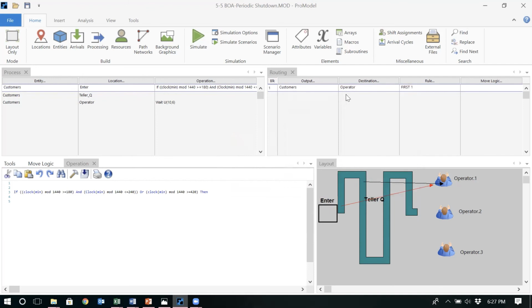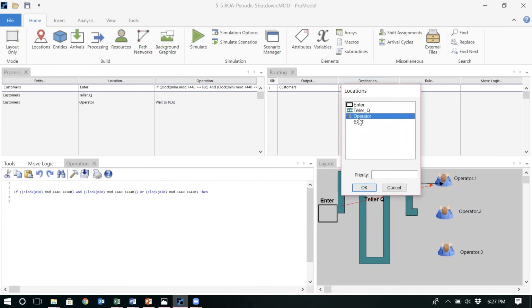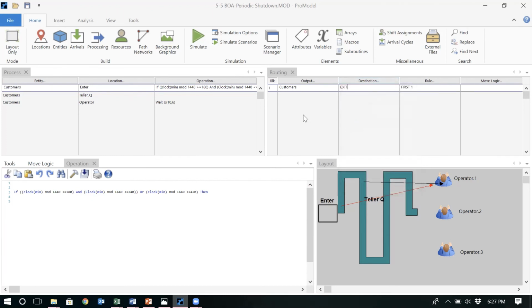Okay, so in the first line, I remove whatever we had in the destination. So if this condition holds, which means I'm during the break time or past 4 p.m., I do not want to let the customers come into the system. So the customers go to exit. This line I can refer to as route 1. It has block number 1. It's referred to in ProModel as route 1.